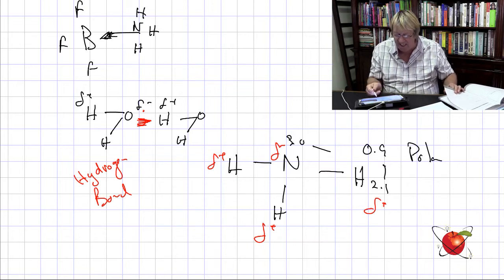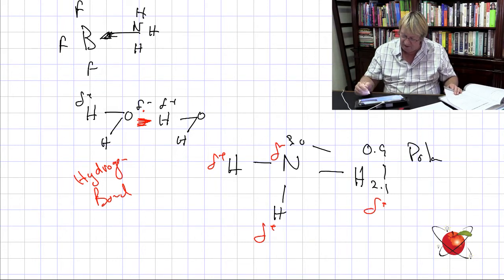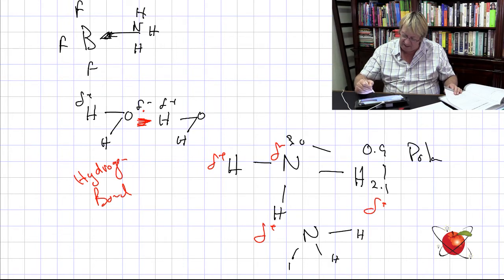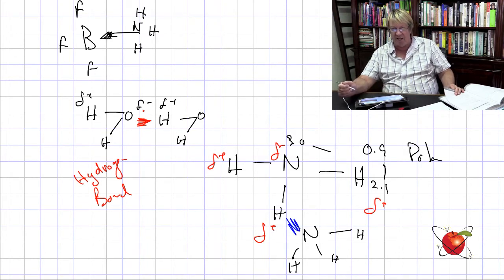So once again, in ammonia, when along comes another ammonia molecule, what happens here? The nitrogen comes along and it forms a hydrogen bond between the two, like that, right? So once again, we have hydrogen bonds formed. And similarly, we can do that with water, HCl, ammonia. Hydrogen fluoride is another one, HF.